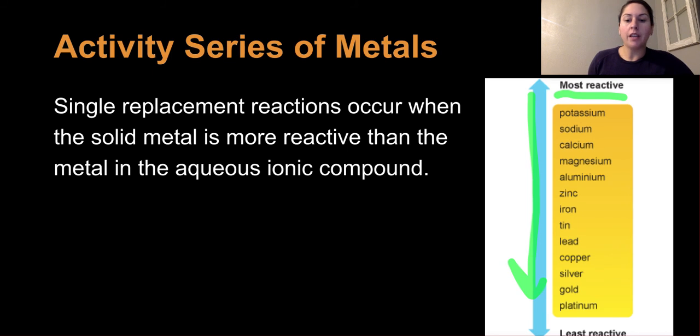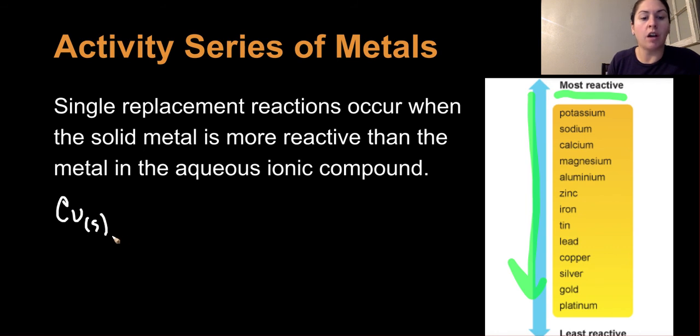So when we take a look at this, we can actually see an example of that, and I'm going to do an example. So that picture that we saw at the very beginning started off with copper that was the solid, so we do need to use those states of matter when we do these. And then we added to that some silver nitrate, AgNO3, okay, and that was aqueous.